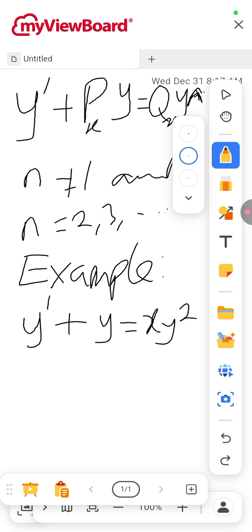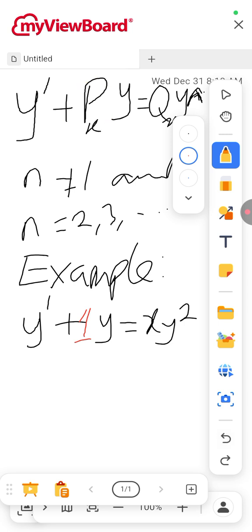Then there is a function p, which is here as well, although it's invisible, that is 1. So this 1 is like my p in the general form.